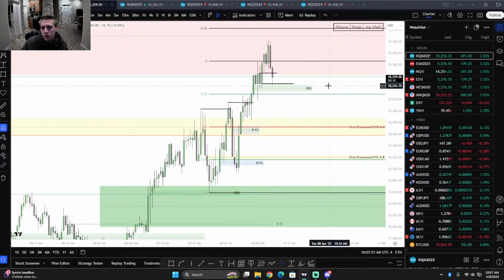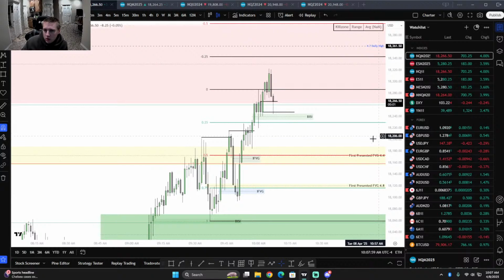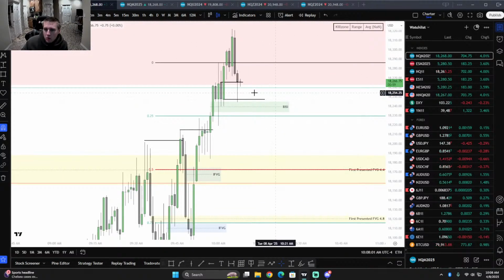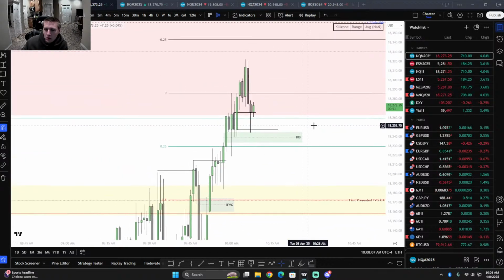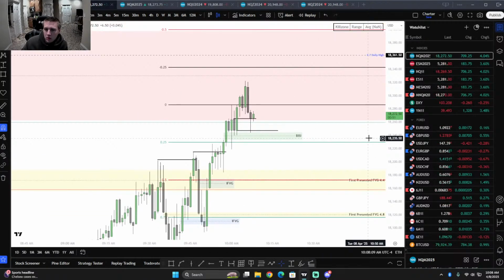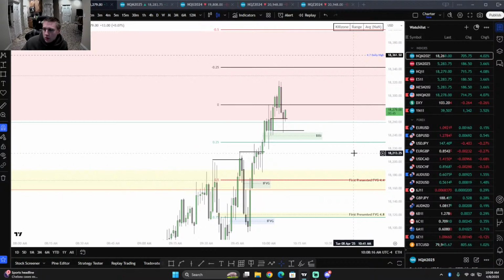Gotta be careful here. Traded at that low here, or at that open. Would want to see this send price higher at this down close candle now. ES is in a fair value gap.